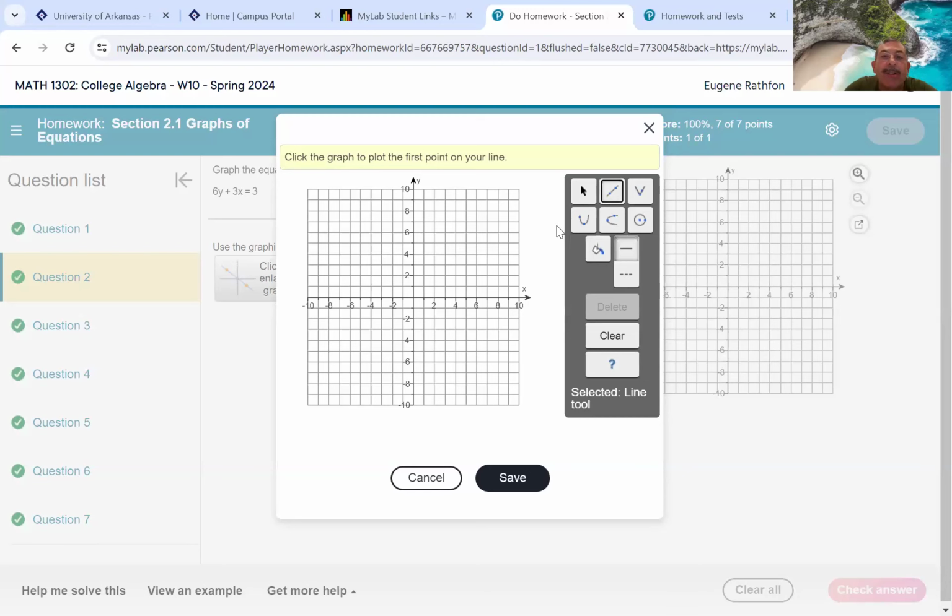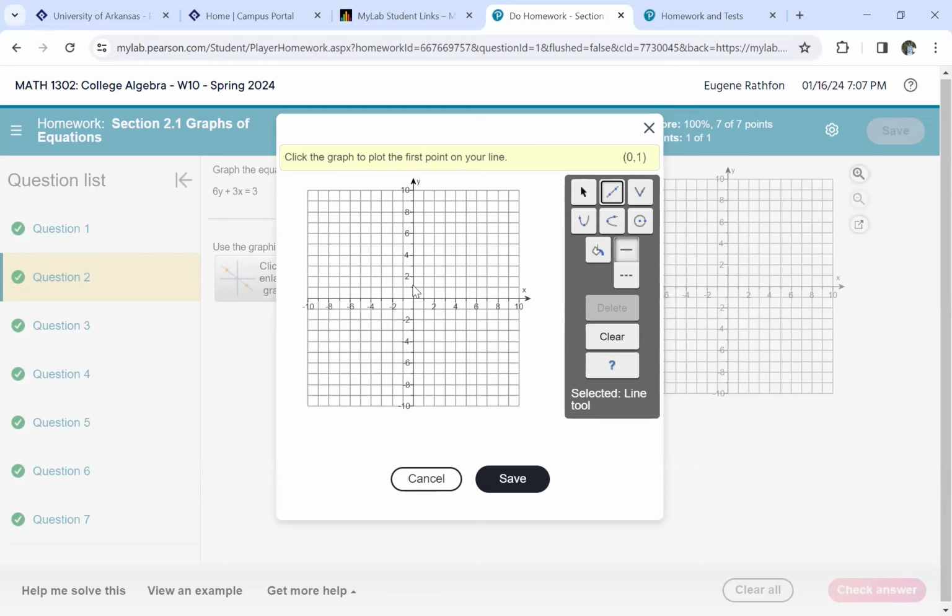So here we go. Watch this. I'm going to go to 0, 1/2. So 0's not bad, but notice these are going by 1. So since they're going by 1s, we just want to go up about halfway in between, and then you got that 0.5. Okay. So click that one. And then my other point was 1, 0.